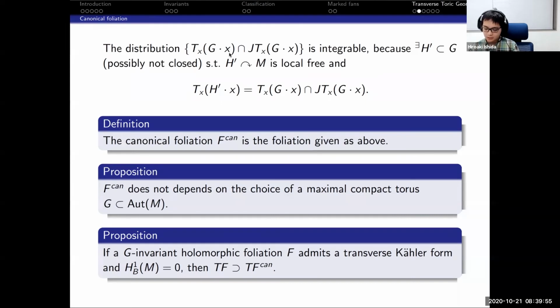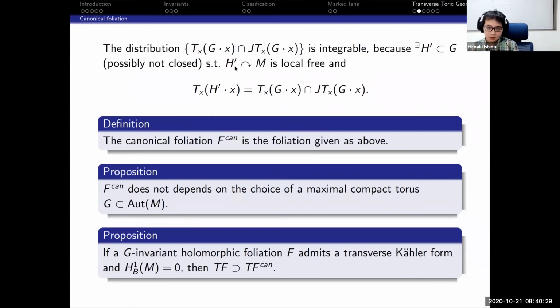We can see that this distribution is integrable because there exists a subgroup H prime of the compact torus. This H prime could be not closed, but anyway, there is a subgroup H prime such that this distribution is actually coming from a locally free action.